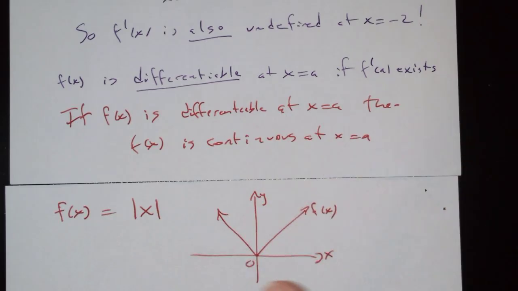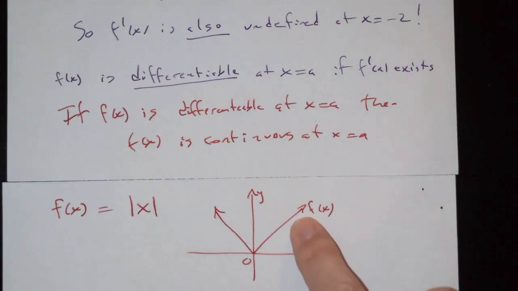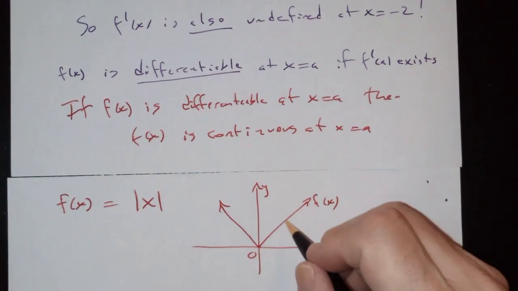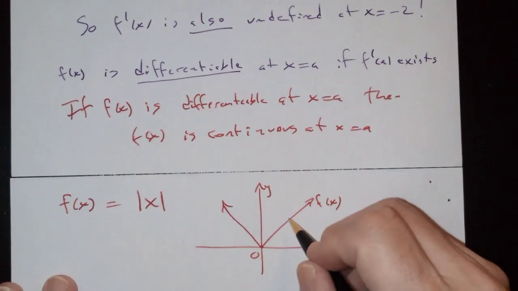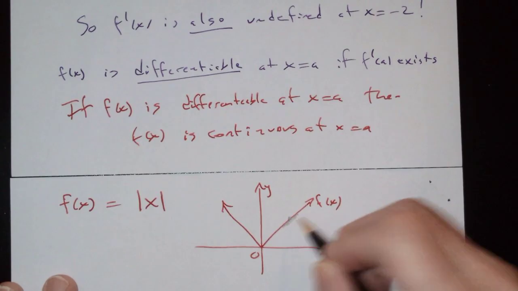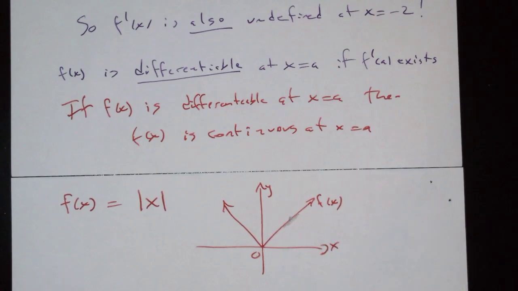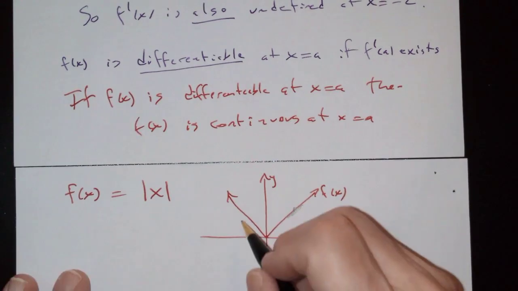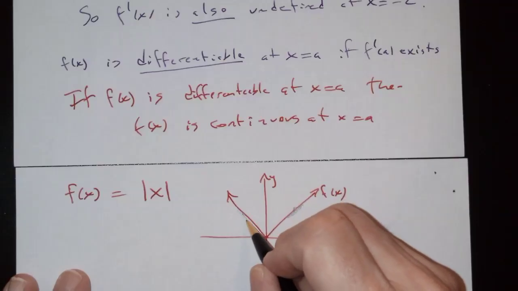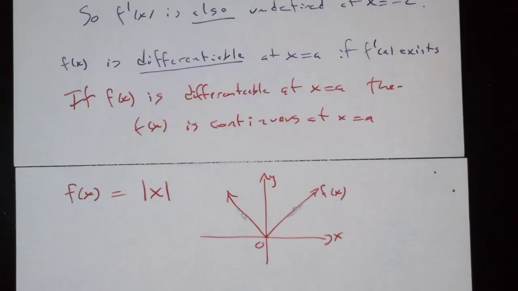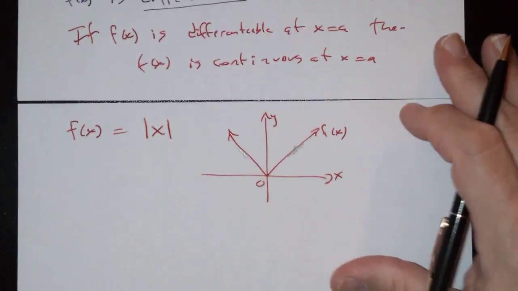But what if I look for a derivative? If I drew a tangent line anywhere over here on the right, that tangent line would be the exact same straight line as that piece of the curve, wouldn't it? And if I drew a tangent line over here on the left, the tangent line would be the exact same line as that side of the curve.